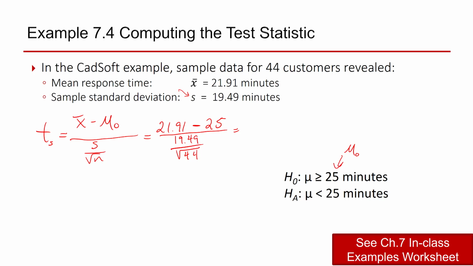And I'm going to close my parentheses and get the answer. It's negative 1.05. All right, so if you punch that in your calculator or Excel, you should get negative 1.05.